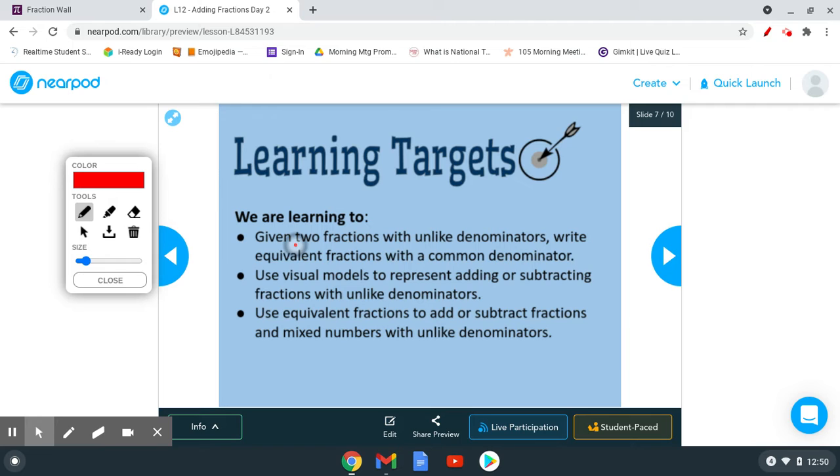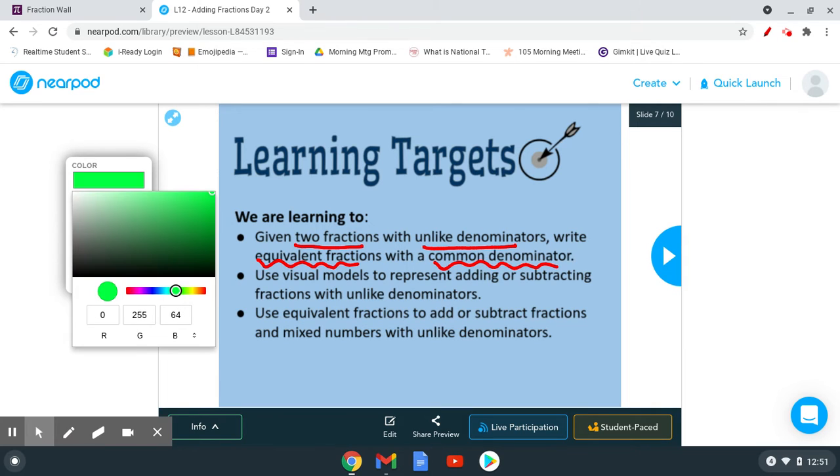When given 2 fractions with unlike denominators, we're trying to find equivalent fractions using common denominators. In the next one, it says use models to represent adding and subtracting fractions. Right now, we're only going to focus on adding in this unit with unlike denominators.